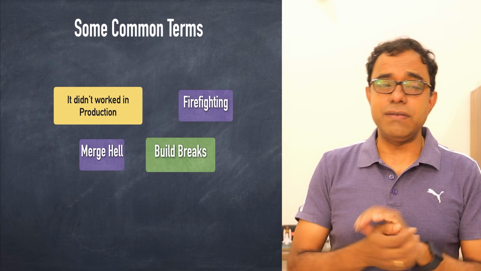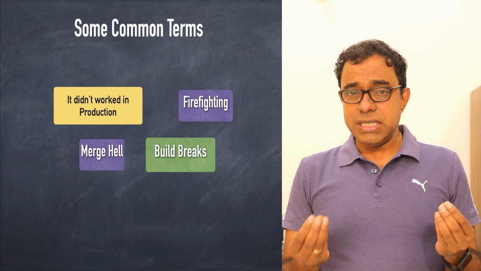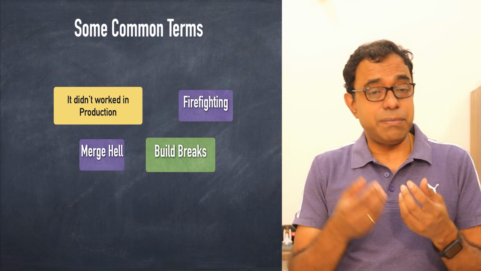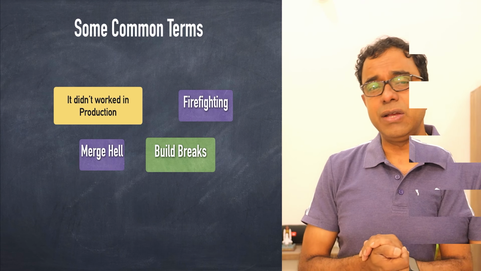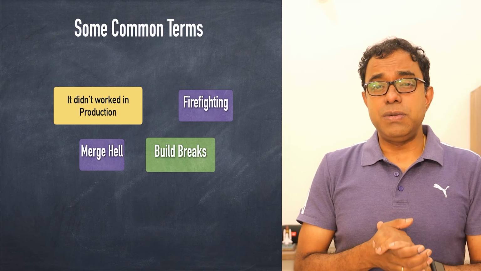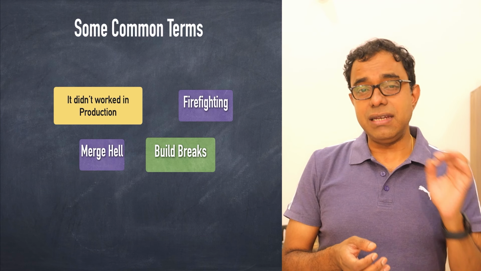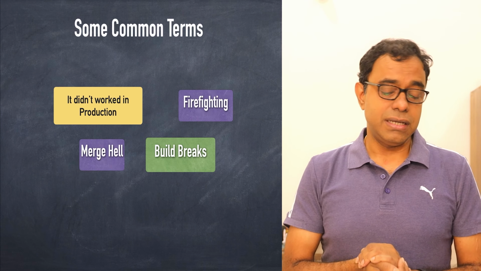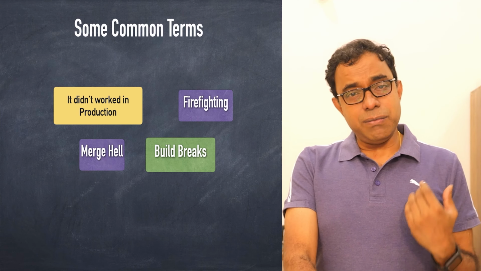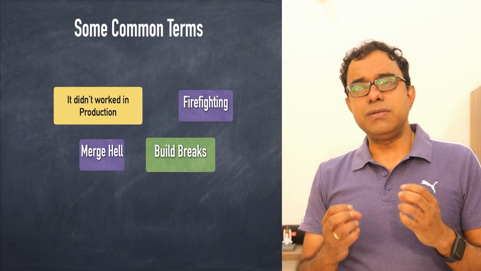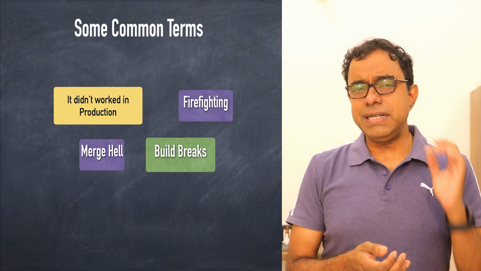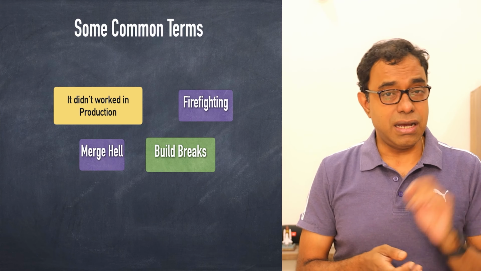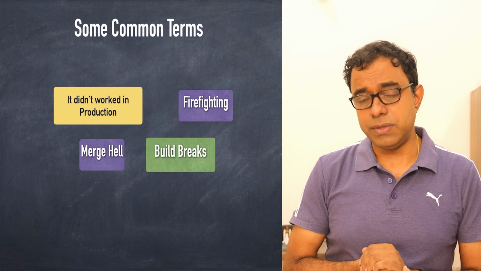They will keep on doing firefighting, talk about merge hell where different codes are being merged, builds are breaking. All these things are common problems associated with day in and day out of software development. Okay, so today I'm going to talk about how to maybe minimize that. And feature toggles and trunk based development are one of the major tools of doing so.